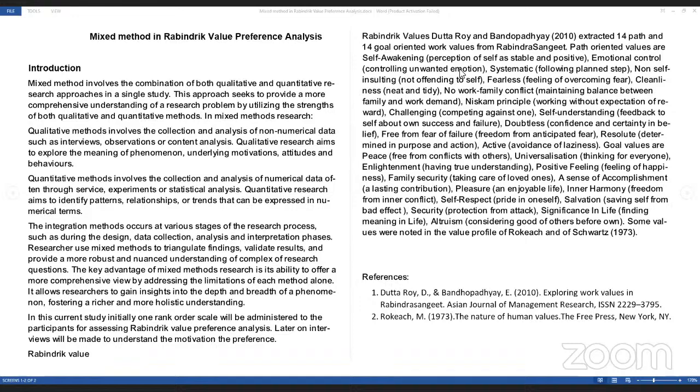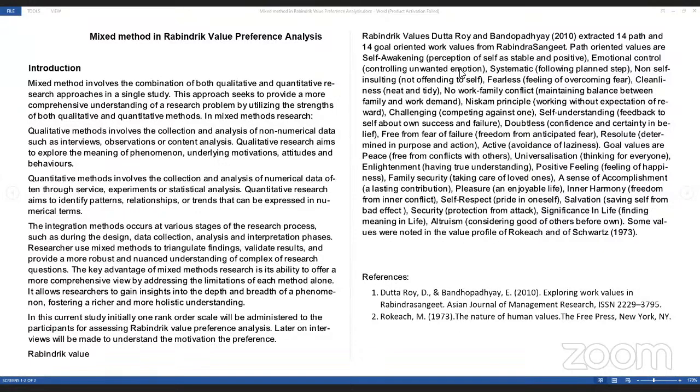So if you follow the integration method, that means mixed method, then you can understand the breadth as well as the depth of a particular phenomenon.